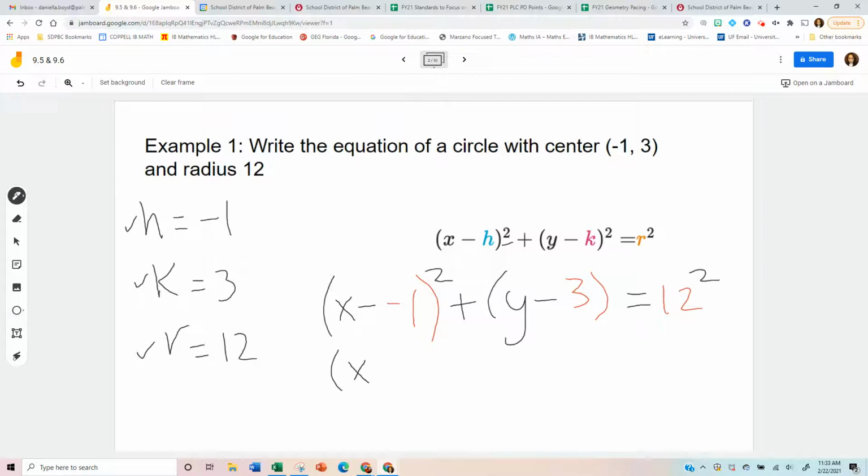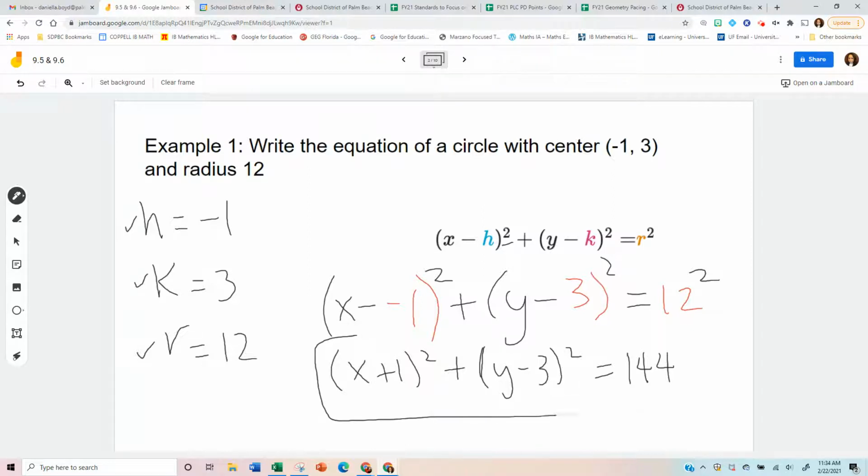Minus a minus turns into a plus. I forgot my squared right here. Y minus 3, nothing else I can simplify. And then 12 squared, 12 times 12 is 144. This right here is my final answer. So I want you to notice something here.